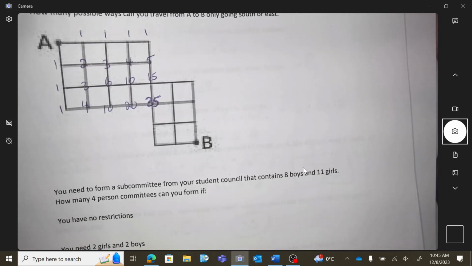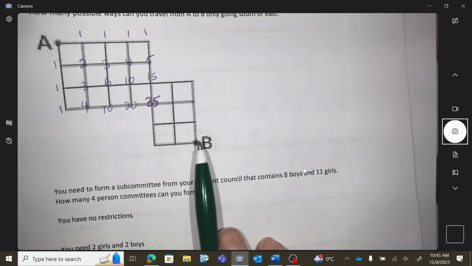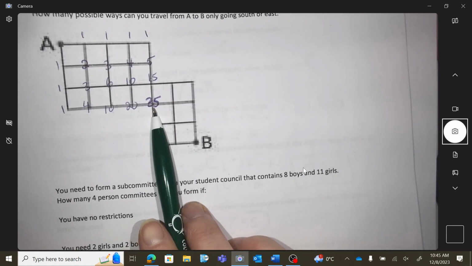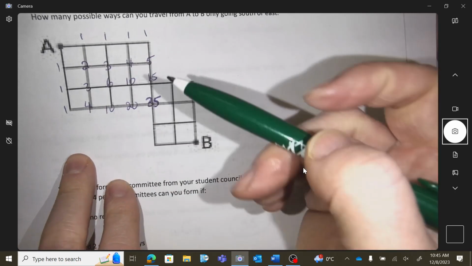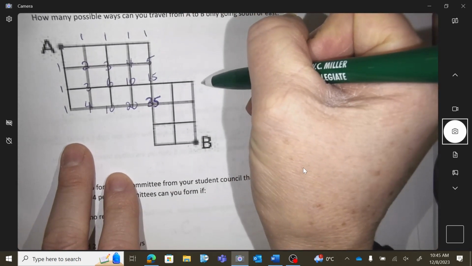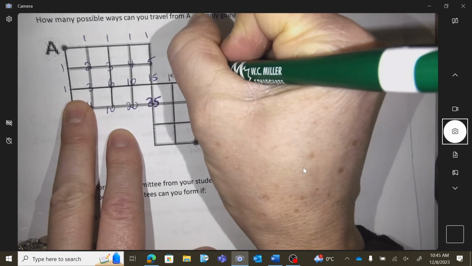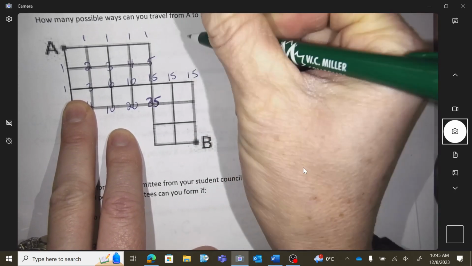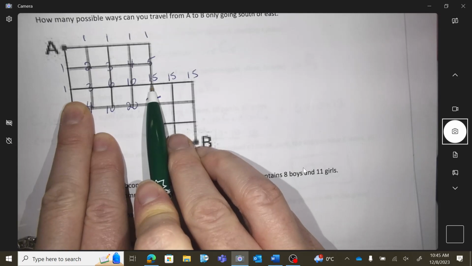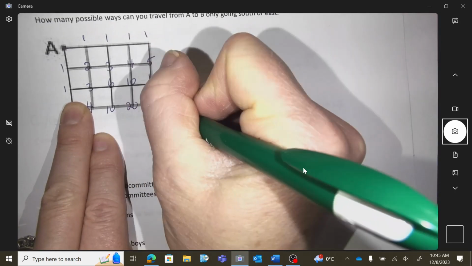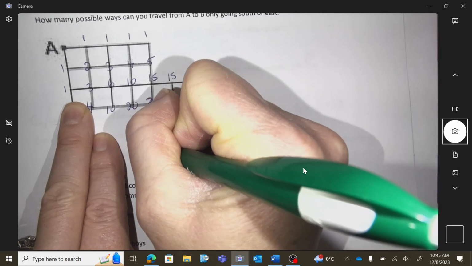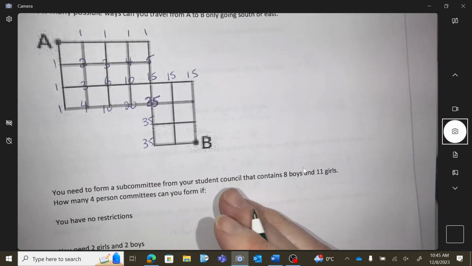So I kind of got to a position where there was a 35 right here, and then I'll show you what to do. Okay, so from here, this is just going straight across. So now you have to carry the 15 over, because if there's only 15 ways to get to this corner, you can only make the same move to get to that. Okay, and then this was 35 to that spot, so you just have to carry the 35 straight down.